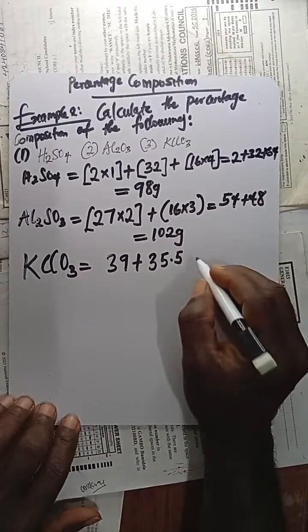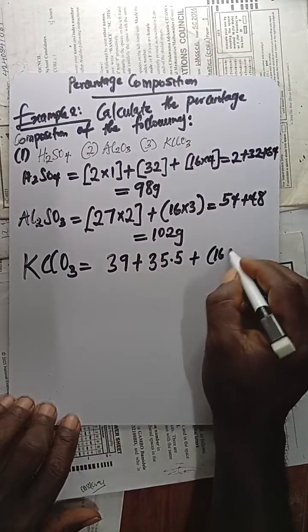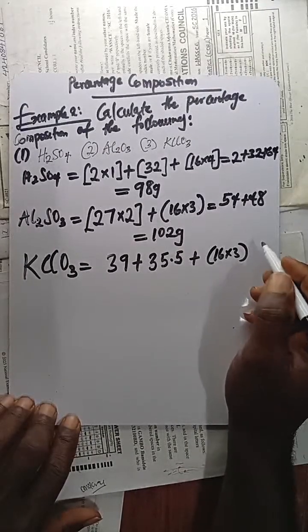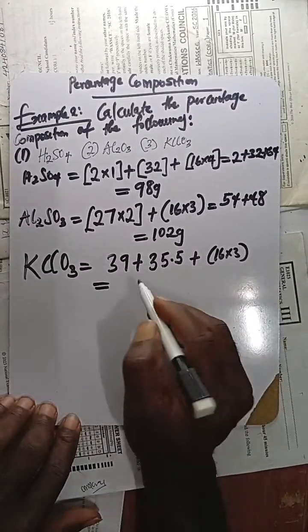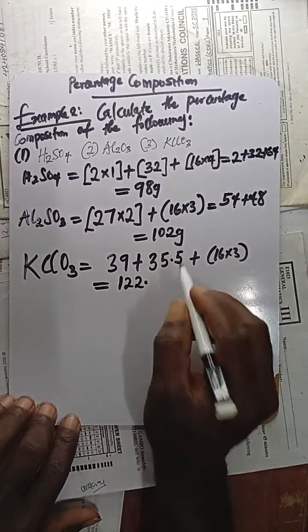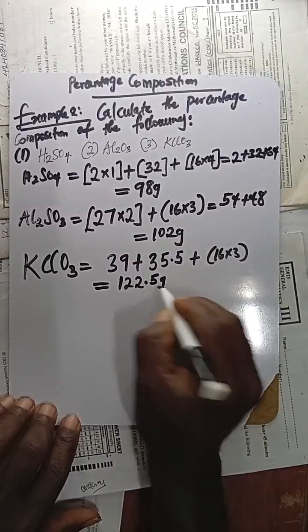Now plus 16 times 3. So everything will give you 122.5 gram.